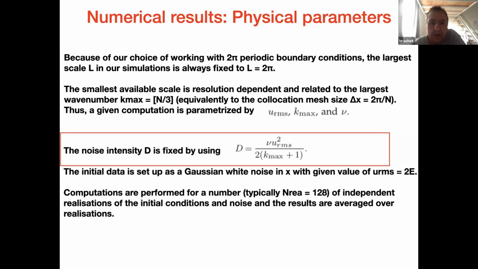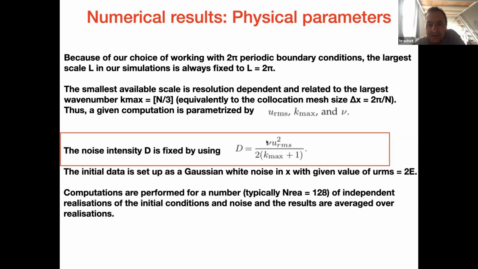Now, when you do a typical run, we will choose the periodicity length to be always 2 pi. When you do this, you have basic parameters. One is the resolution you are using. One is the U root mean square. And then because the noise intensity is fixed, everything is fixed once you have fixed these two things.